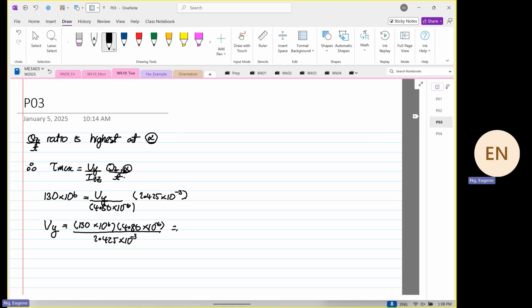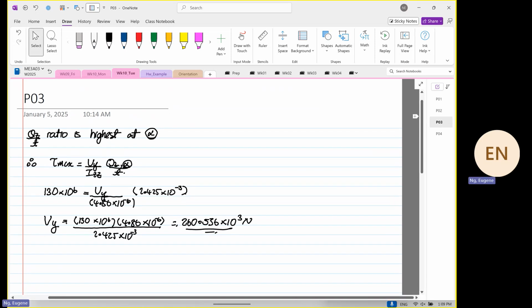So 130 times 4.86 divided by 2.425 is equal to 260.536 times 10 to the power 3 Newton. Now, that is not necessarily equal to our P.